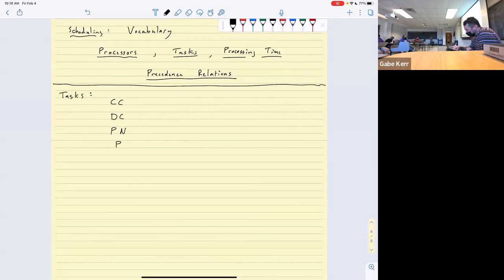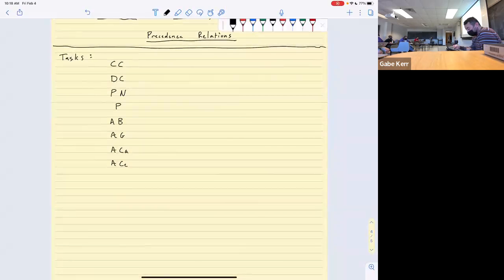These are my labels for my tasks. There's too many of them. But this is the whole point of this exercise. Okay, guys.